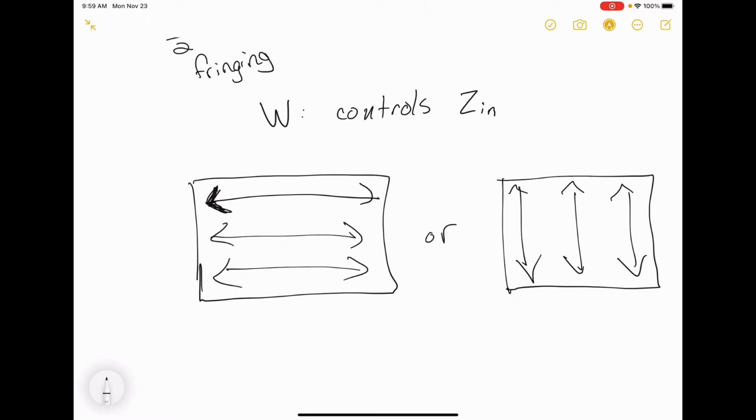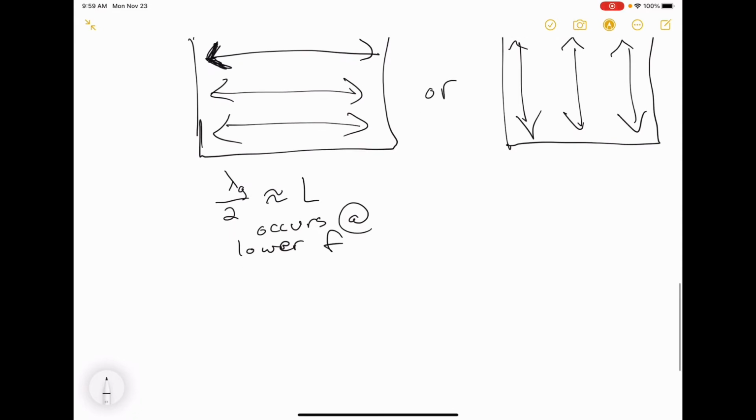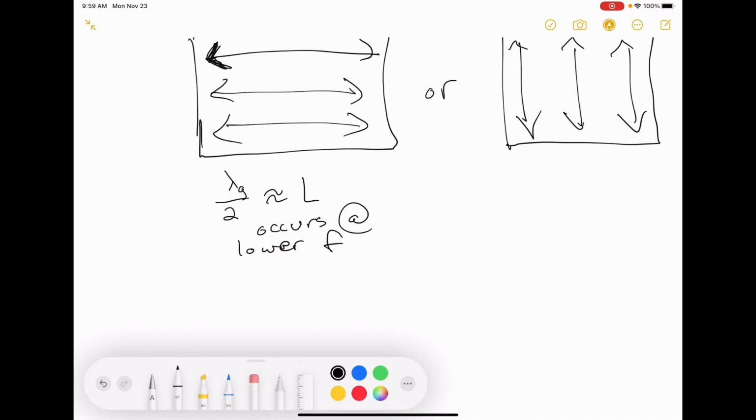The longer dimension will have resonance occur at a lower frequency because lambda G over 2 approximately equal to L occurs at a lower frequency for the longer dimension. The current distribution on this antenna, if I were to take a slice right through the middle, I'm going to do that in red.